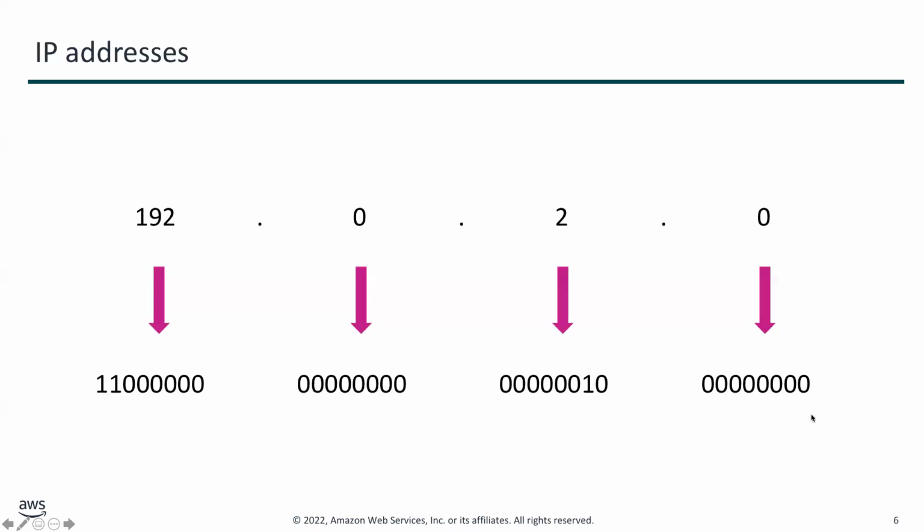So this is 2 to the power 0, this is 2 to the power 1, this is 2 to the power 2, and the power increments by 1 each time: 2 to the power 3, 4, 5, 6, 7.